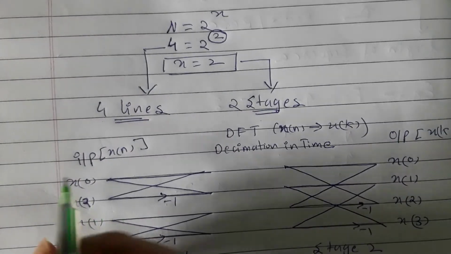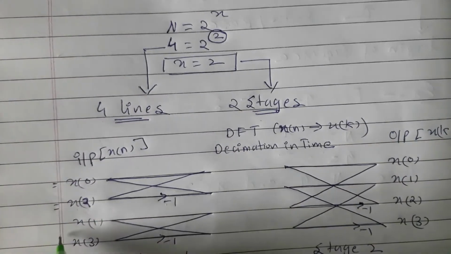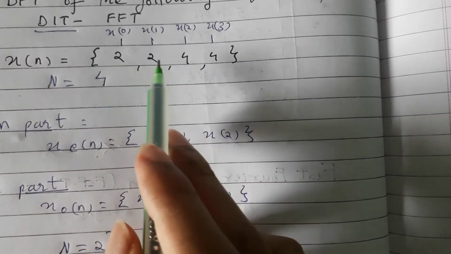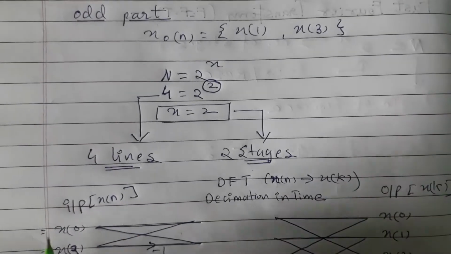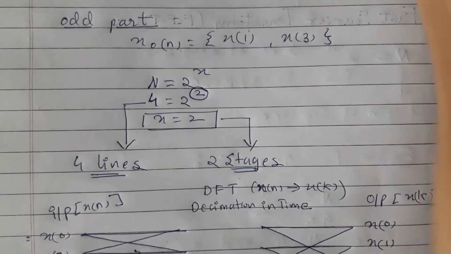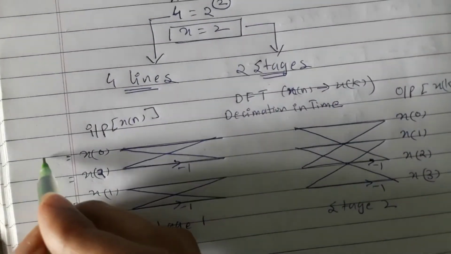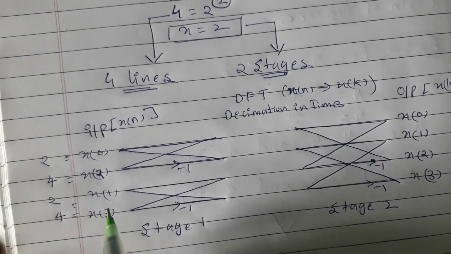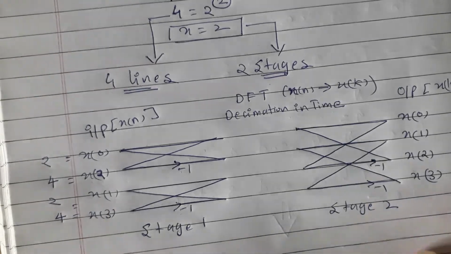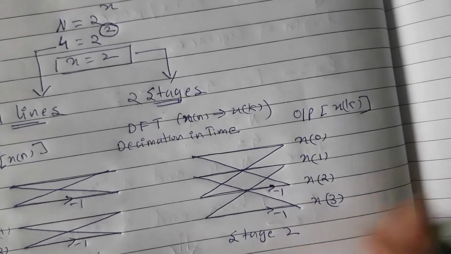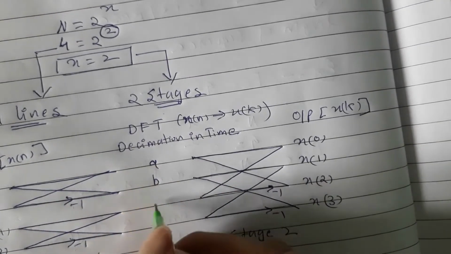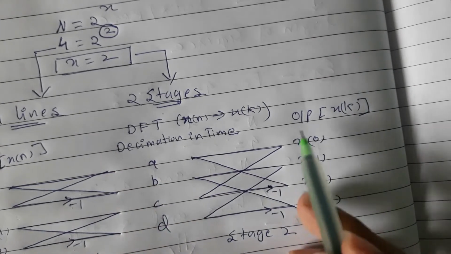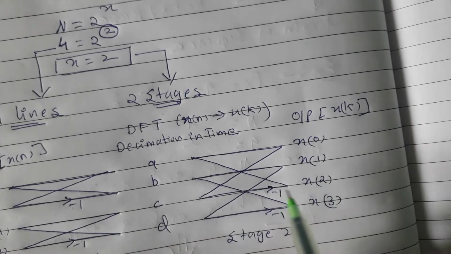So from the question we will get x0, x2, x1, x3, that is 2, 4, 2, 4. Now we have to find this A, B, C, D from stage 1 and x0, x1, x2, x3 from stage 2.